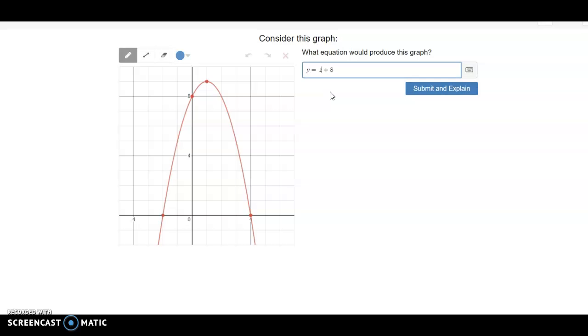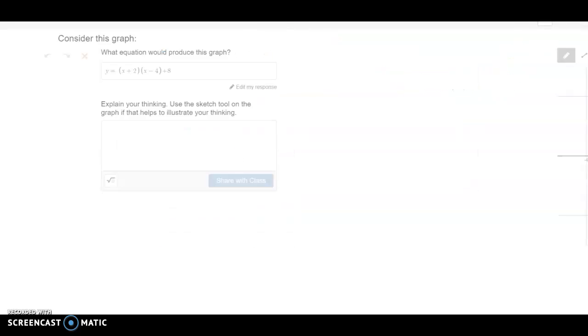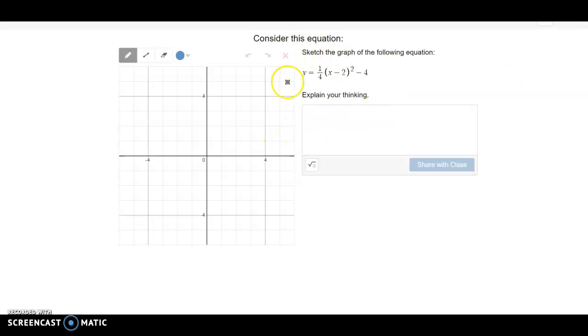I know that I'm hitting my x-axis at a negative 2, and I'm also hitting it, it'd be +2 to the left, and then it looks like x minus 4. Let's see. And then you're going to answer why you think that is. And then sketch this one.